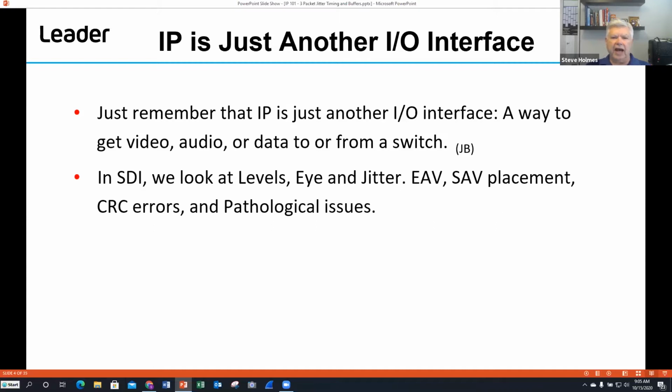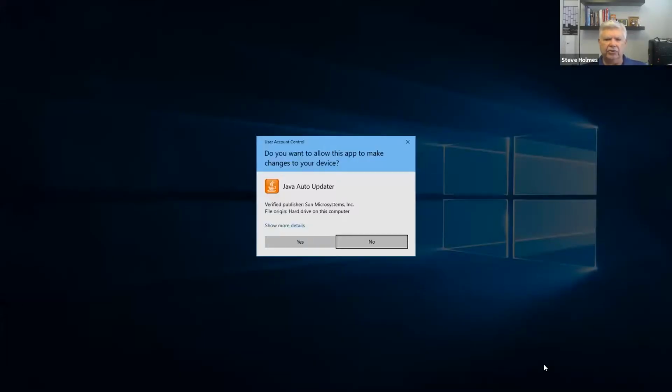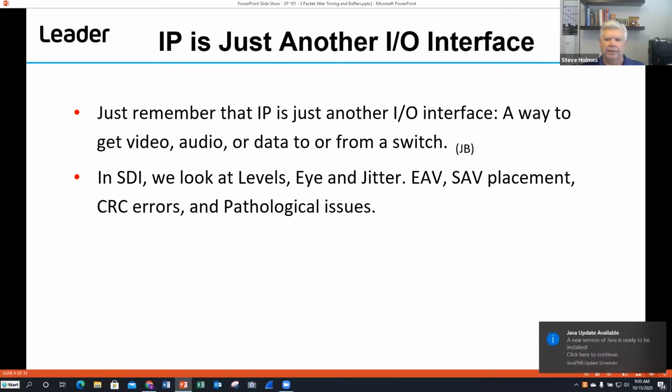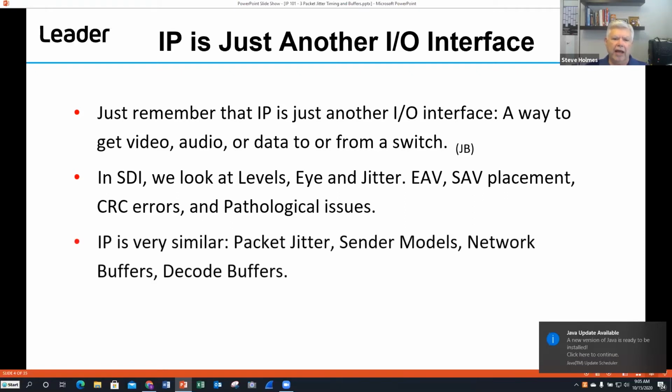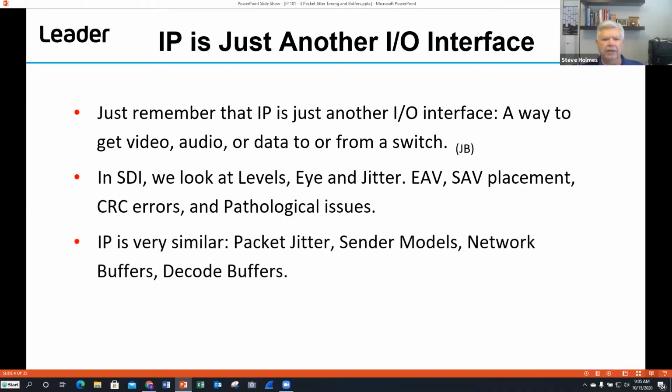So in SDI, we look at levels, we look at I, we look at jitter, we look at EAV, SAV placement, CRC errors, pathological issues, and the like. And as things go on here, IP is very similar, but in IP, we're going to look at packet jitter.